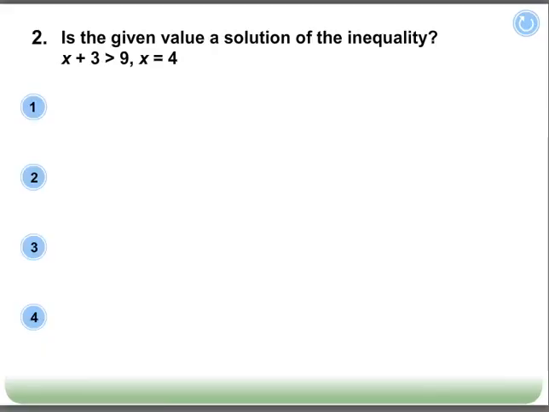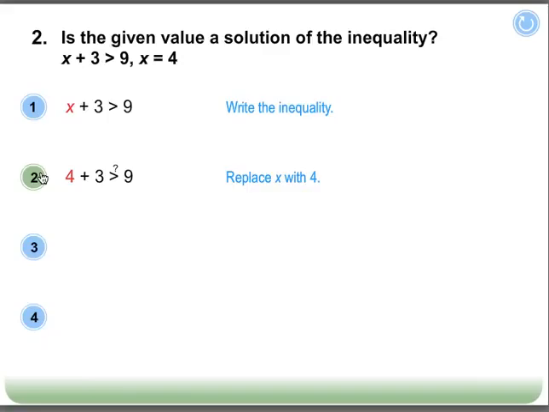Is the given value a solution of the inequality? x plus 3 is greater than 9, and x is equal to 4. So what we've got to do is substitute the 4 for the x, right? That's our inequality, x plus 3 is greater than 9. Now we're going to make the substitution.